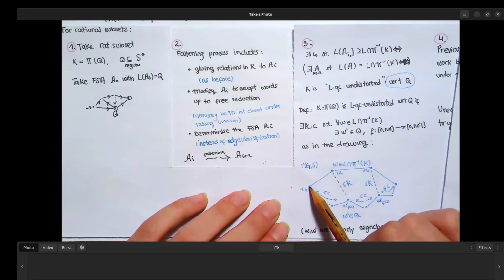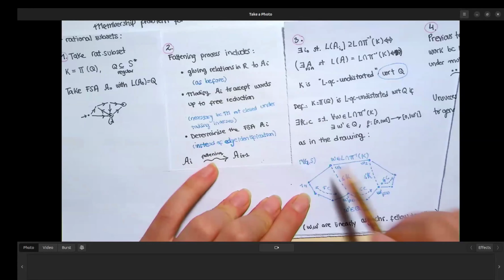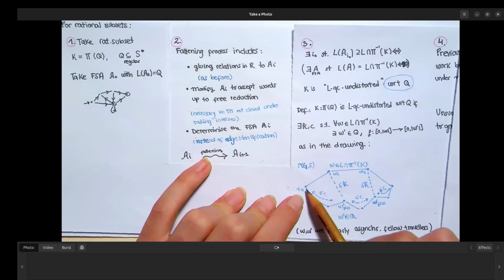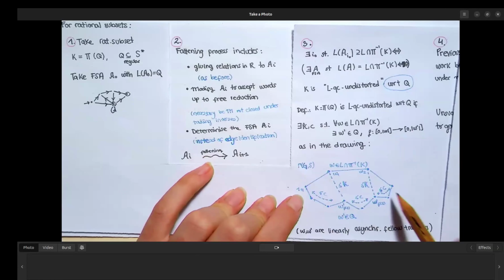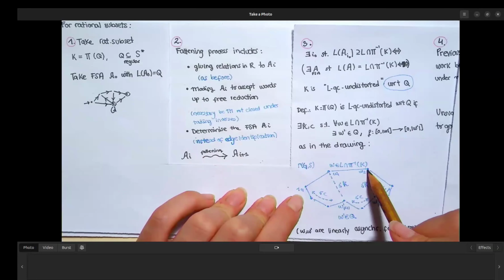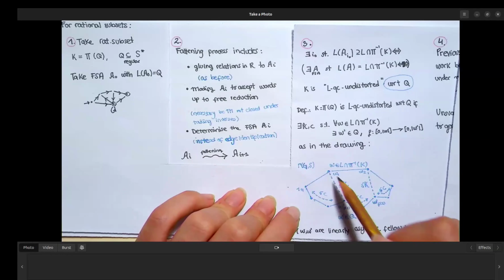So for each W, which is an L representative of K, I've drawn that above. There is a W prime in Q representing the same element as W, and each vertex of W is K close to an element of W prime. This element that is paired to each vertex of W is defined by f.